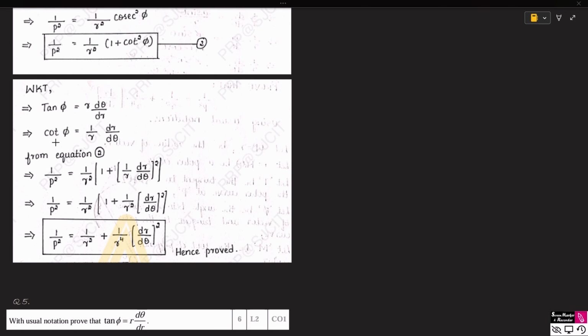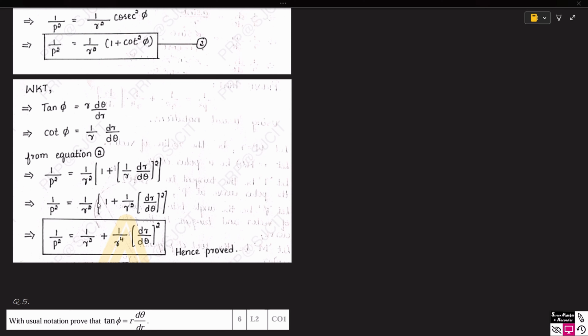See, compare this now: cot phi equal to 1 by r dr by d theta. So the equation remains the same, just here 1 plus, we are adding 1 by r dr by d theta whole square, as it was cot square phi. So it becomes 1 by r square dr by d theta whole square.